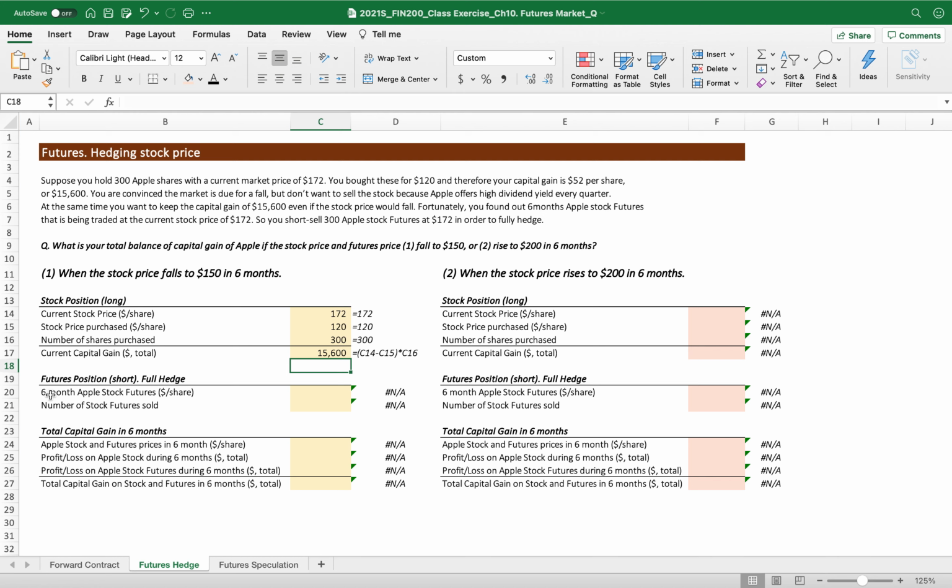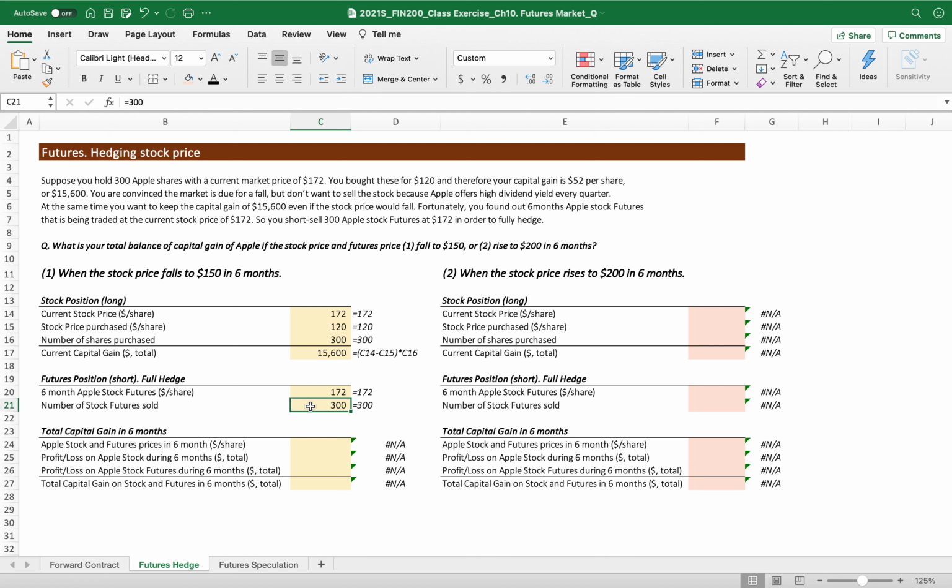The 6-month Apple stock futures price per share is the same as the current stock price of 172, and the number of stock futures sold is exactly the same as the shares you have.